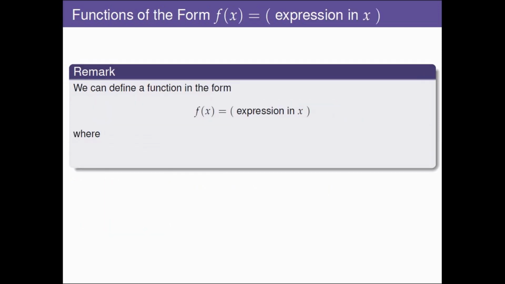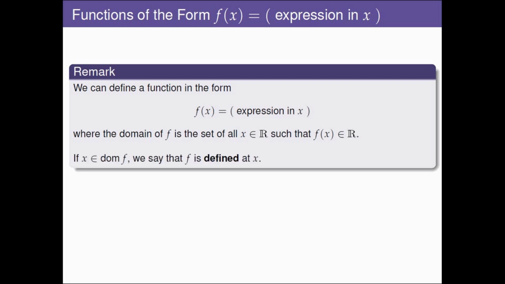We can define a function in the form f of x equals some expression in x, where the domain of f is the set of all real numbers x such that f of x is also a real number. If x is in the domain of f, we say that f is defined at x.